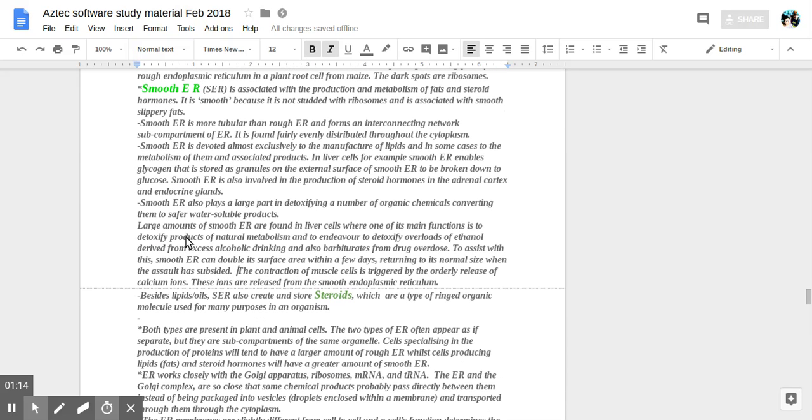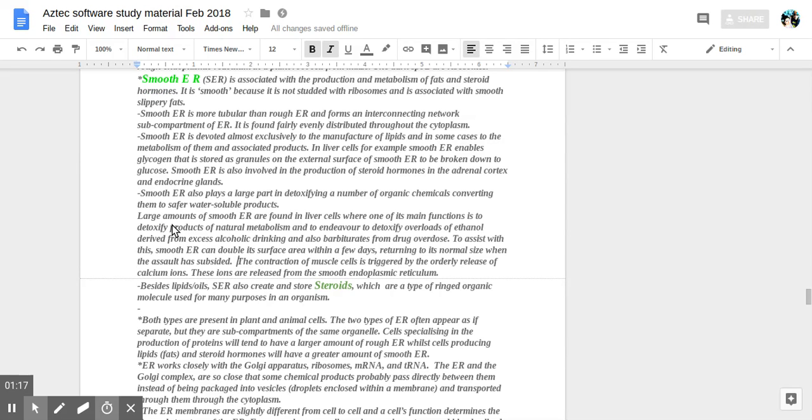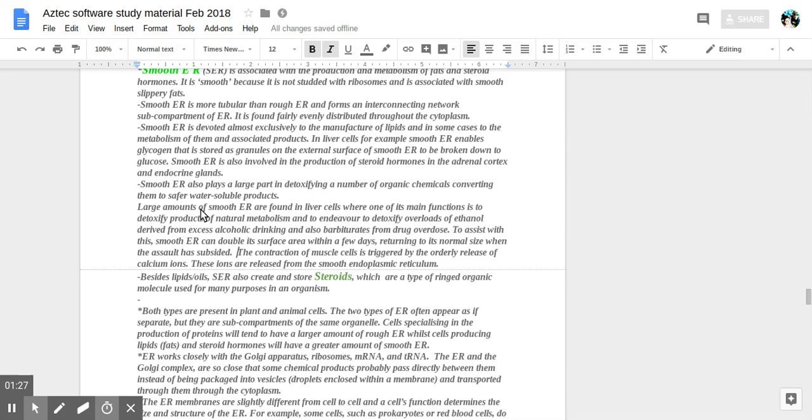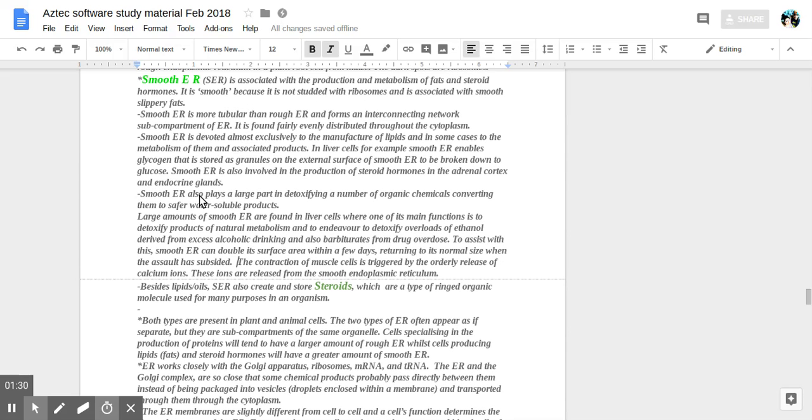The smooth ER is devoted to production of lipids and steroid hormones, so production and metabolism of fats and steroid hormones. It is useful also for detoxification of organic chemicals and converting them to water soluble products.